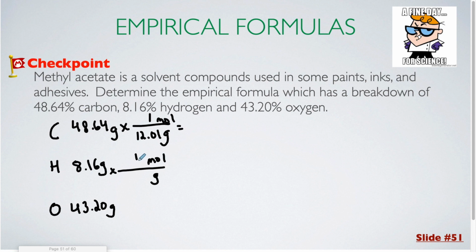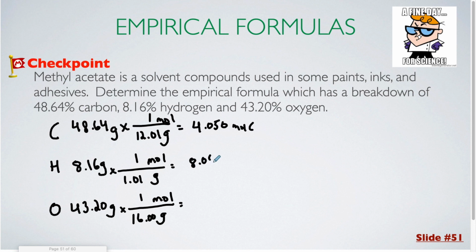Grams to moles, hydrogen is 1.01. Grams to moles, oxygen is 16.00. So I'm going to figure out how many moles I have for each of these. For the carbon, this comes out to 4.050. For the hydrogen, this is going to come out to 8.08. And then for the oxygen, this comes out to 2.7.